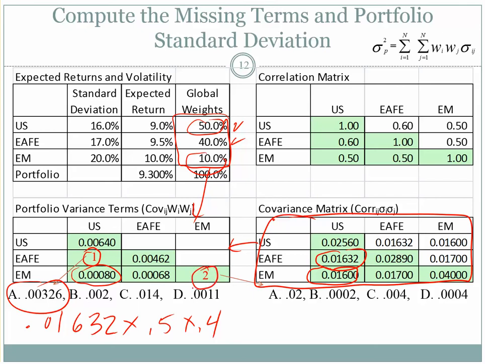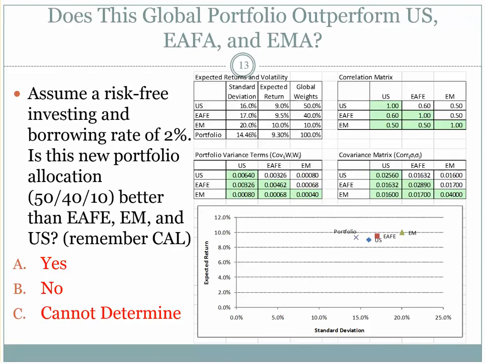Or if I'm looking at EMA and EMA, I could take the covariance term times the weight of EMA times the weight of EMA. Which would be 0.0004. So then you can fill in this last matrix, and you have all your terms.